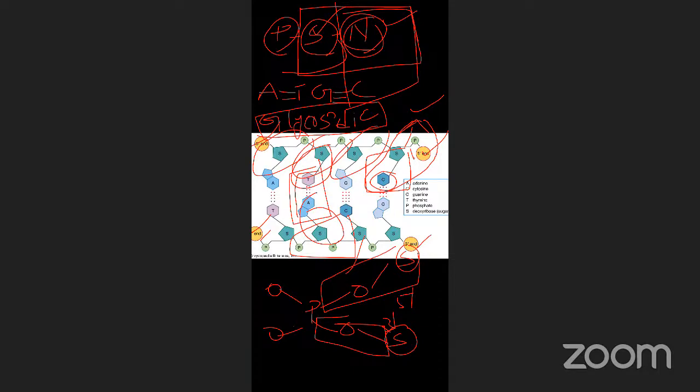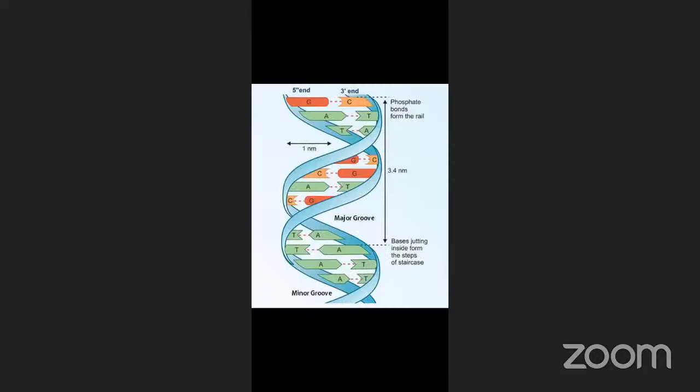Right. Now let's see the Watson-Crick model. In the Watson-Crick model, in the DNA double helix, two grooves are formed. This is the major groove. This is the minor groove. The two grooves form as a pitch.